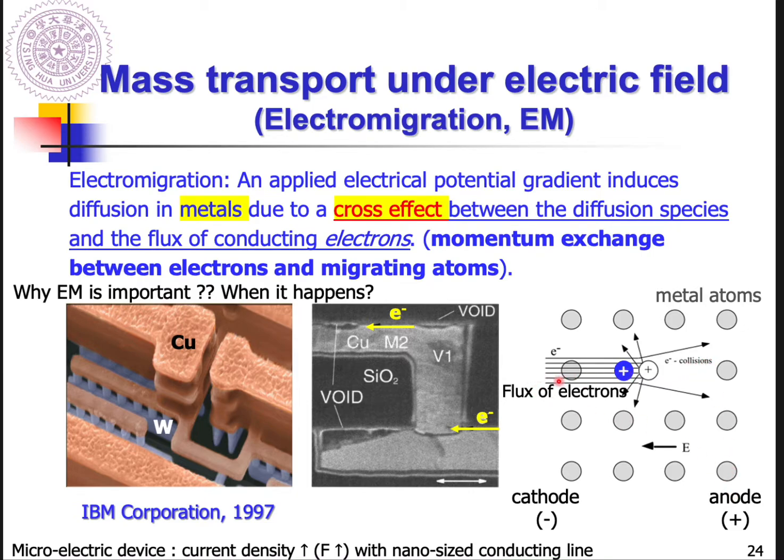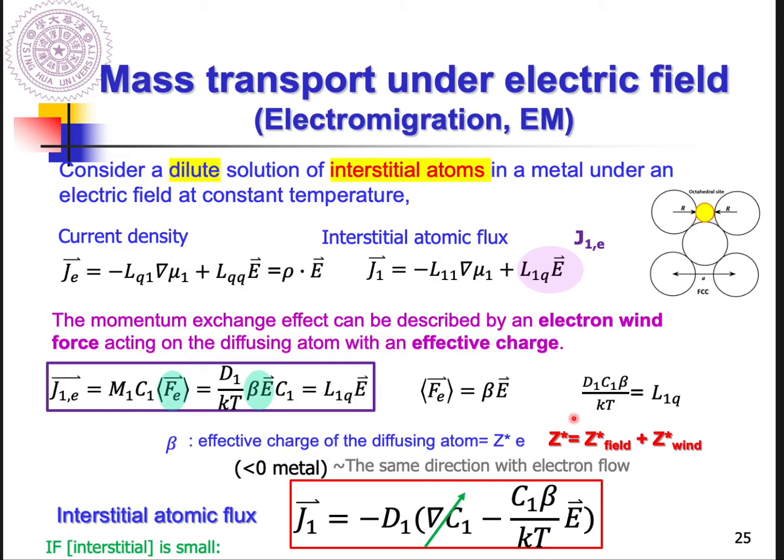And negative means the same direction as the electron flow. In some special cases, if the beta is positive, it usually means the diffusing atom or vacancy is moving in the same direction as the current flow. So the sign of the beta tells you the moving direction of your diffusing species.